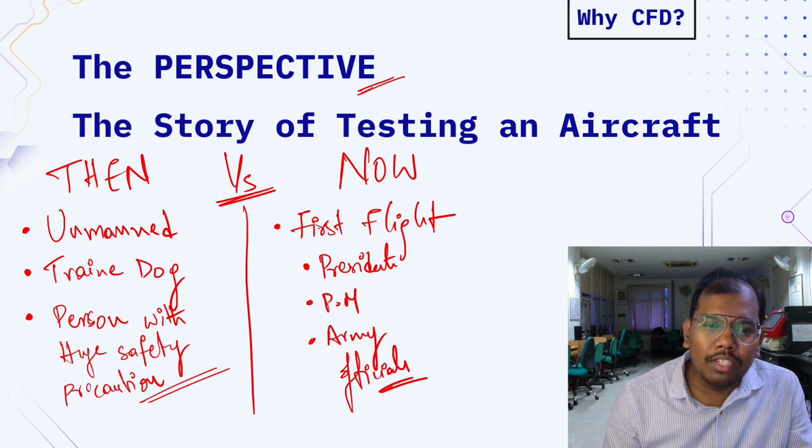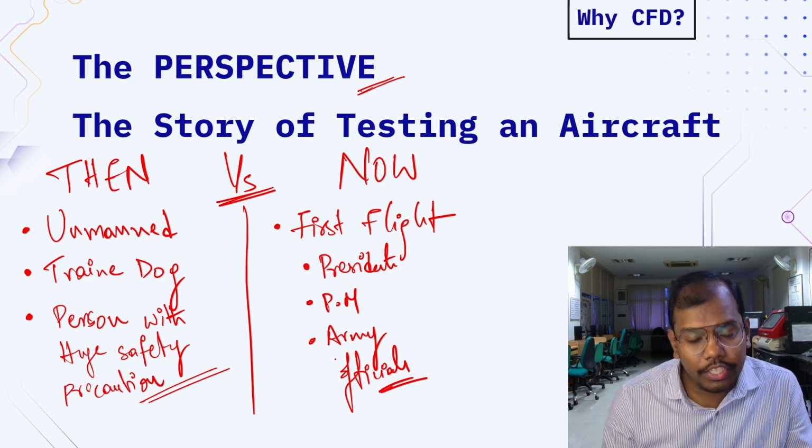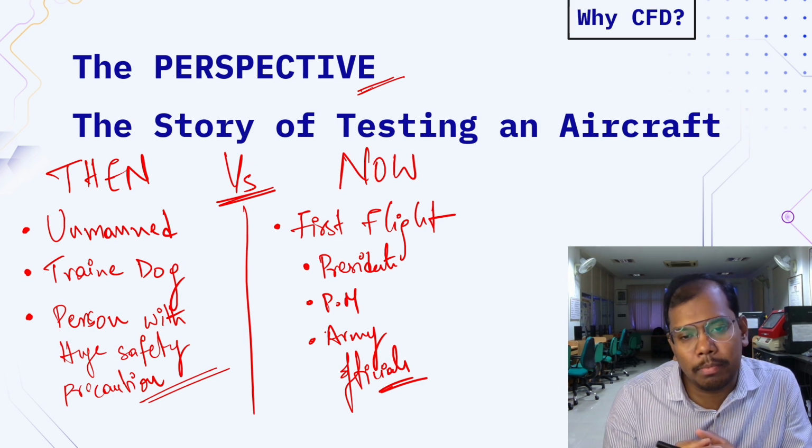So how could they have reached this level of confidence in their testing? It is because they could test their prototypes at the simulation level using the principles of CFD. There might be a little bit of exaggeration in this story. Take it with a pinch of salt.